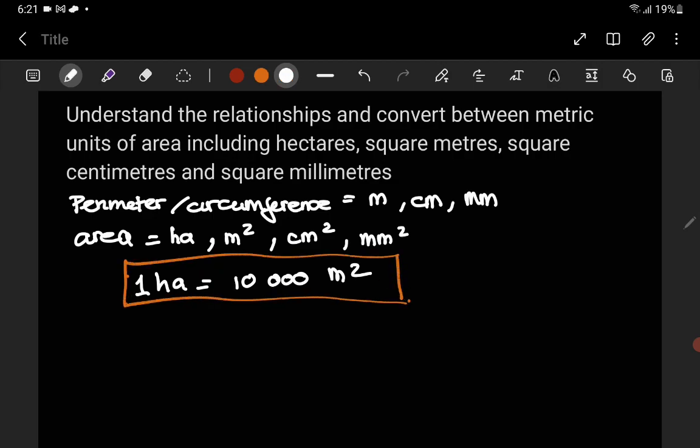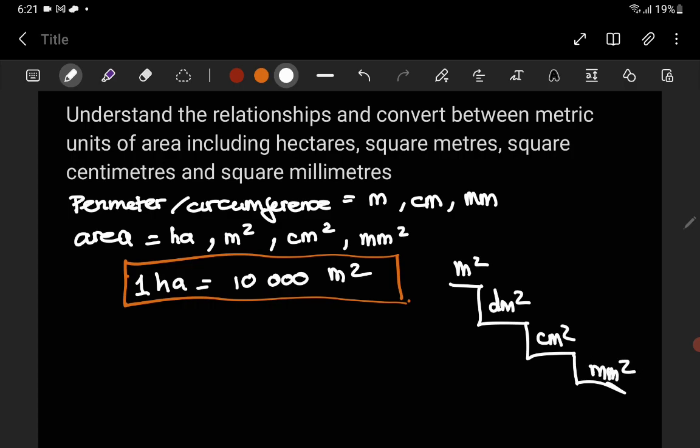Now, to understand the relationship and to be able to convert between metric units of area, you also need to remember the stage diagram of the metric units of area. I will draw it like this: the top one will be meter square, then decimeter square, centimeter square, and millimeter square.